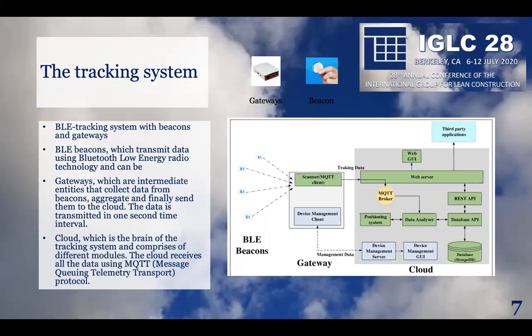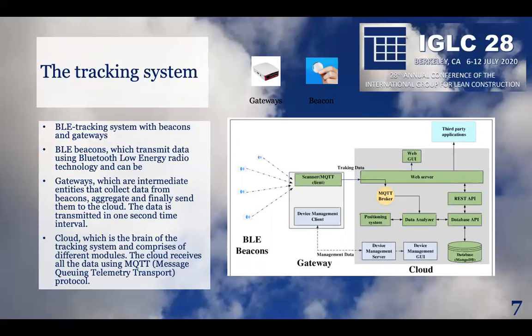First are Bluetooth low energy beacons, which transmit data using Bluetooth low energy radio technology, and can also be detected by any Bluetooth devices. Second are the gateways, which are intermediate entities that collect data from beacons, aggregate, and finally send them to the cloud.